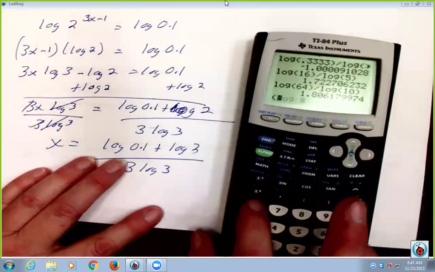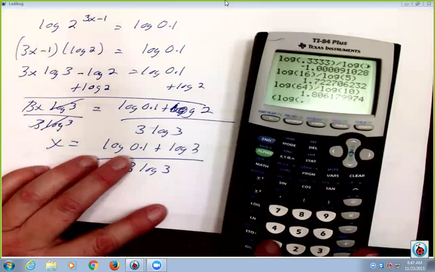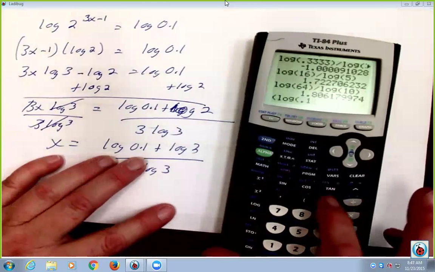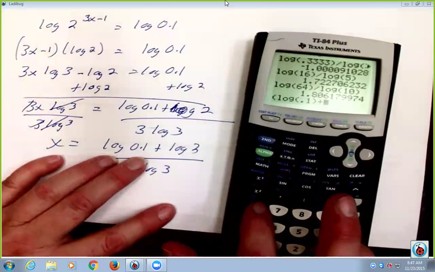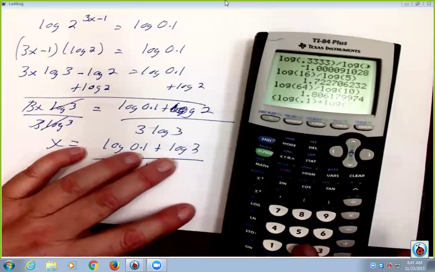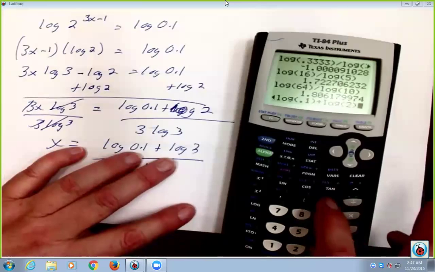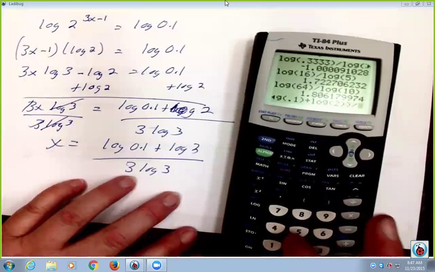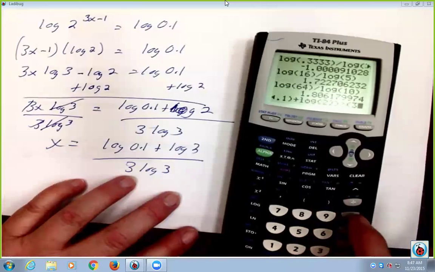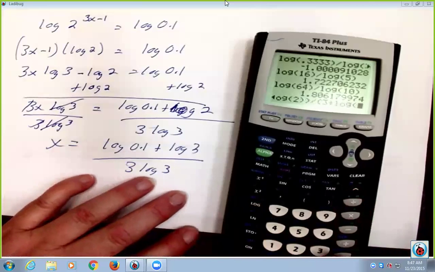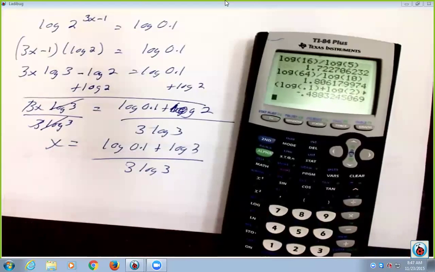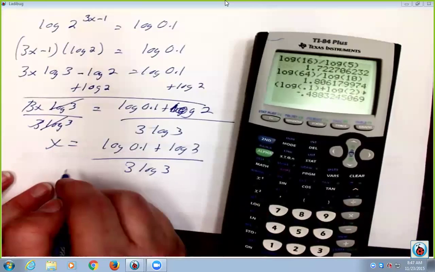Parenthesis log 0.1 parenthesis plus log 2 parenthesis divided by parenthesis 3 times log 3 parenthesis. You gotta do double parentheses in there, because if you don't, you're going to have solutions that aren't what you're looking for.